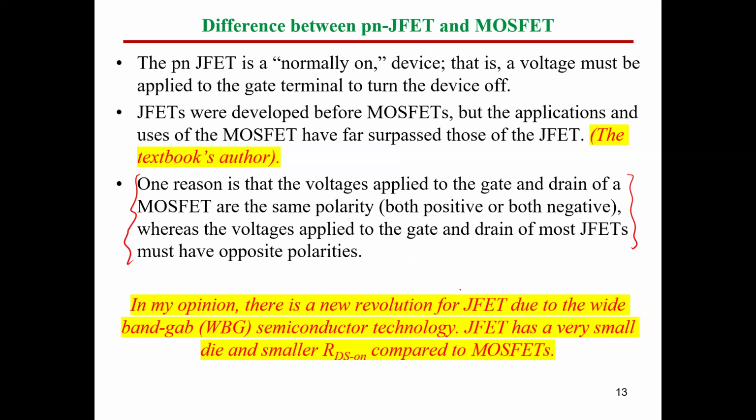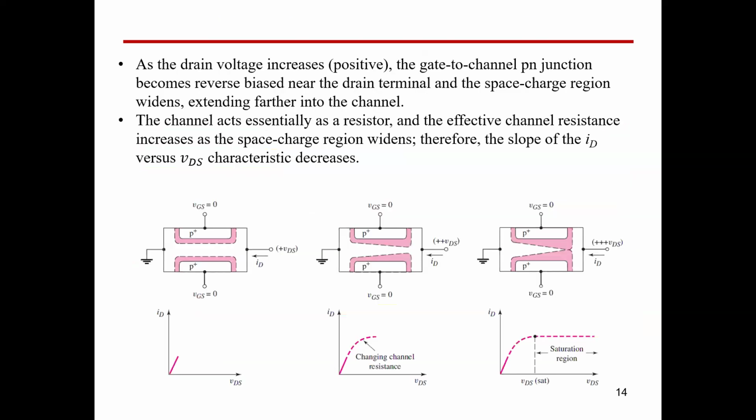And actually we are using JFETs a lot in industry now, and we even prefer using JFETs in some applications compared to MOSFETs nowadays, especially for wide bandgap semiconductor switches like silicon carbide and gallium nitride. Since the wide bandgap revolution started, we started using JFETs a lot again, because the JFET has a very small drain to source resistance compared to the MOSFET. So this is one reason why we prefer using JFETs again in industry right now.